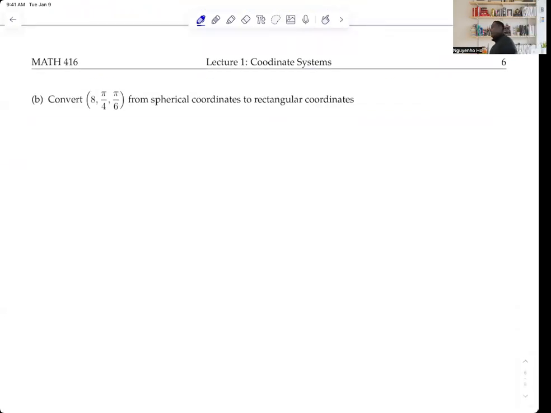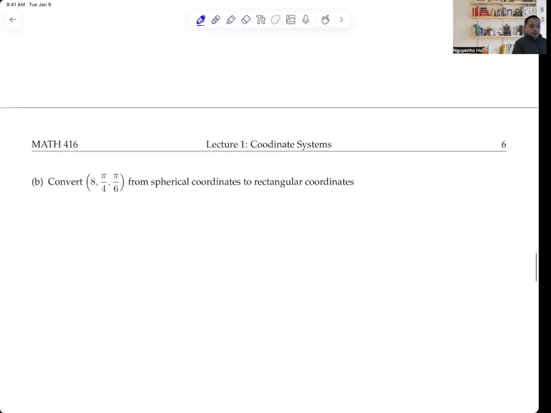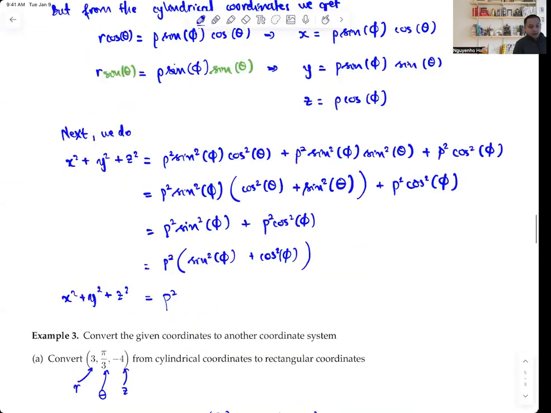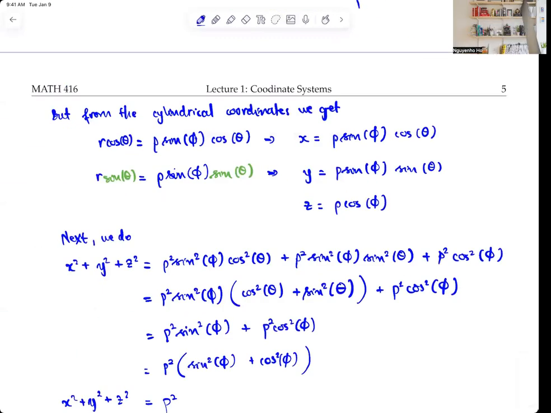Now you are given the point in spherical coordinates, and you can convert that to rectangular coordinates. For spherical coordinates to rectangular coordinates, we're going to use this formula. So x equals this, y, z.